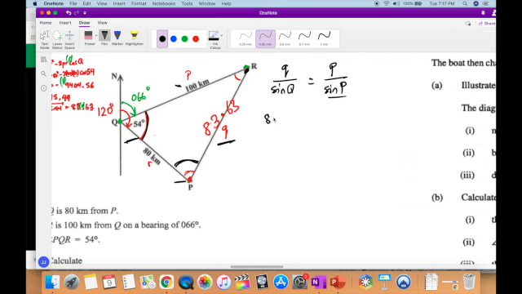Q is 83.63 all over the sine of Q. We have the angle Q here, the sine of 54, and that is equal to P, which is 100, all over the sine of P, which is what we want to find. So we will do a cross multiply.